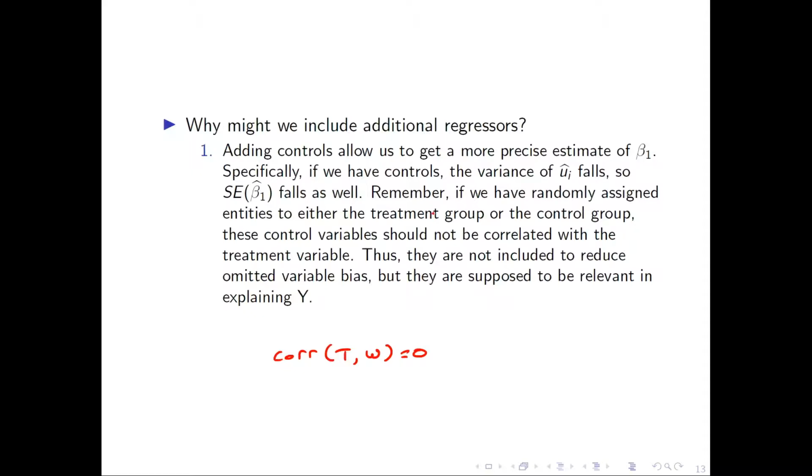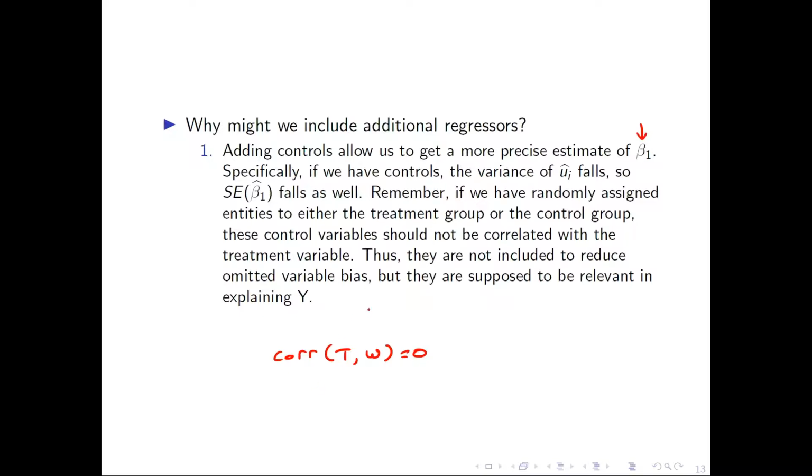So from our random or simple random sample, we have randomly assigned individuals to either the treatment group or the control group, which means that there should be absolutely no omitted variable bias in our estimate of the causal effect.